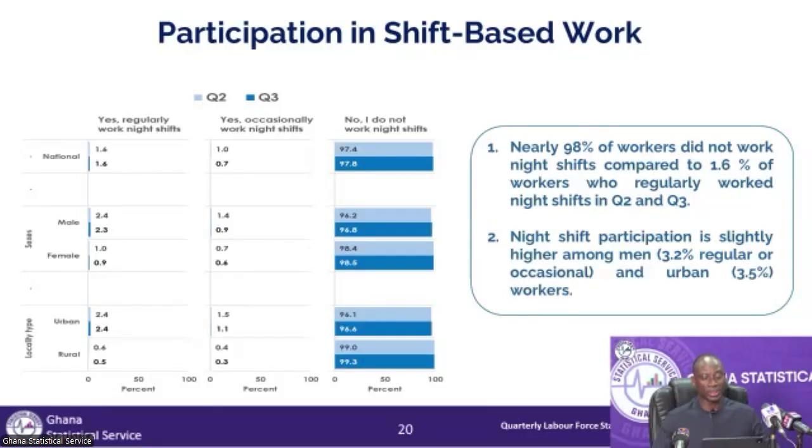Only 1.6% worked regular night shifts. In fact, night shift participation is slightly higher among men. Here we saw the figure to be 3.2% of regular or occasional group, and also higher among urban localities, 3.5%.